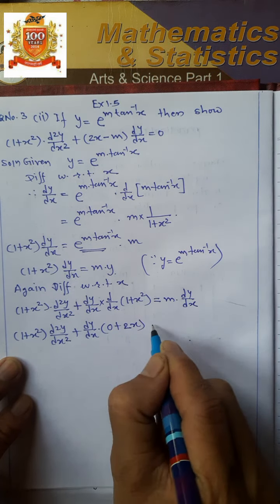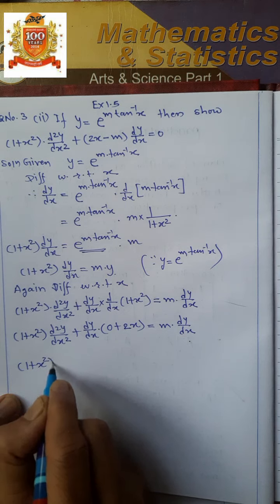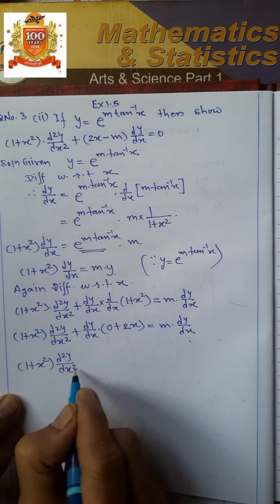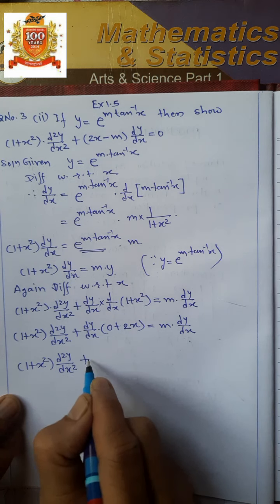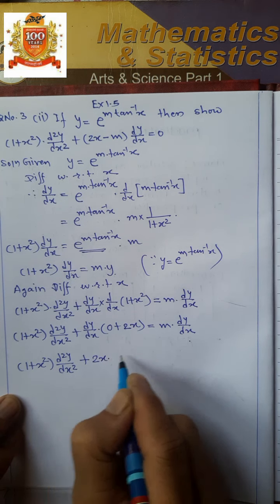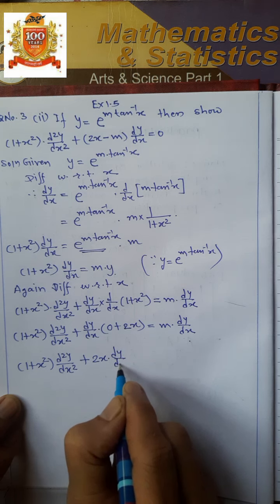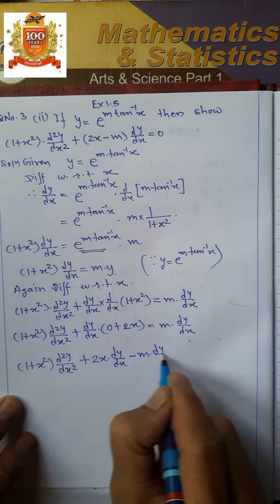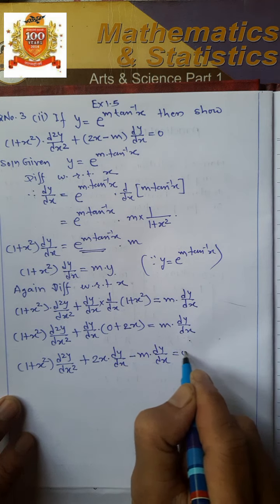Now 1 plus x square into d2y by dx square as it is plus 2x into dy by dx minus m into dy by dx is equal to 0.